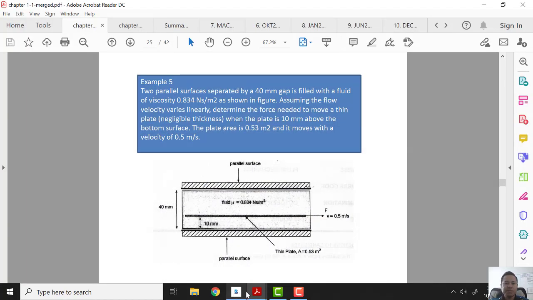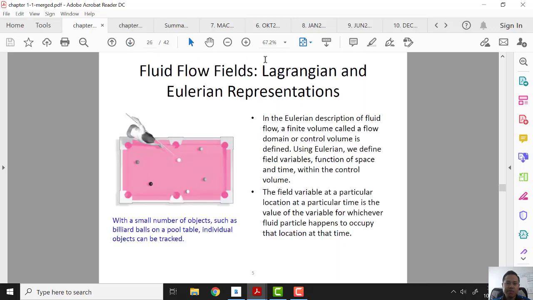So let's continue our chapter here. We have done example 1 and example 2. You just need to calculate using the equation that I gave to you. Now we'll be looking at the fluid flow field. We have two types of fluid flow field to represent the fluid flow: one is Lagrangian, and the other is Eulerian.